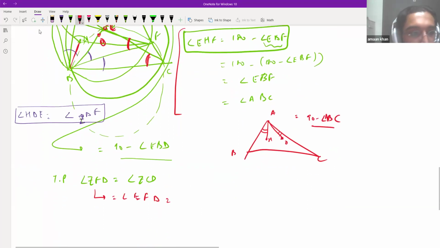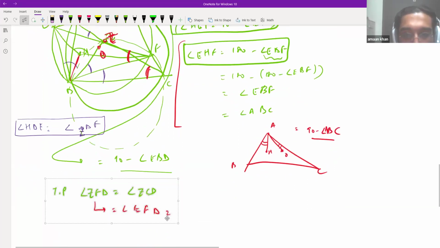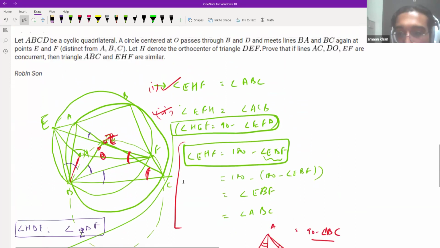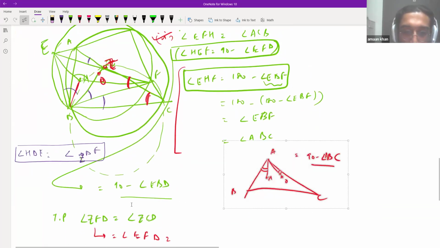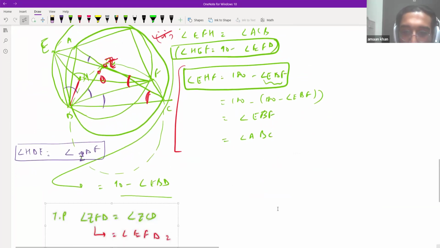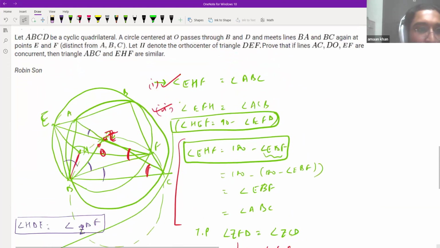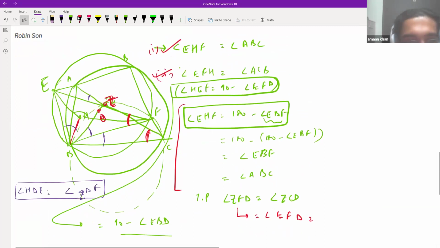I'll just write everything here. So EFD is equal to angle EBD.